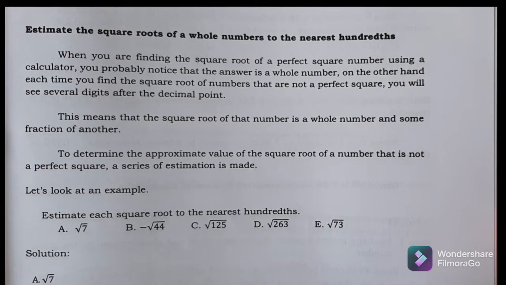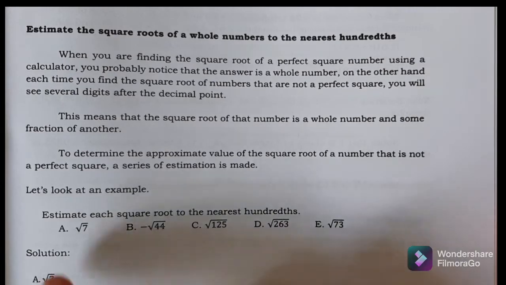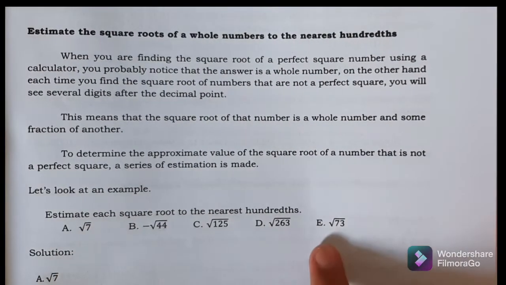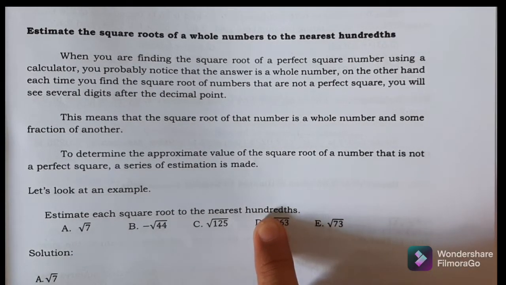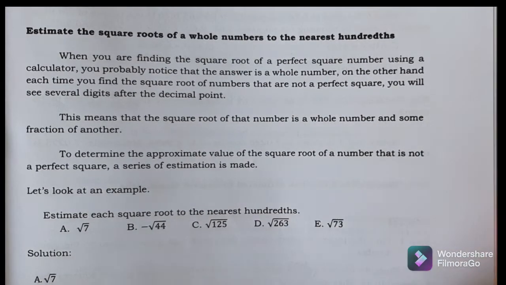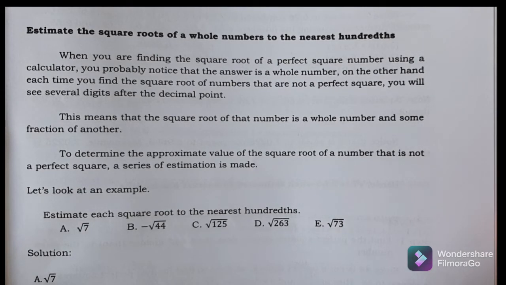Now, let us try to estimate the square roots of whole numbers to the nearest hundredths. We have 5 examples where we're going to estimate each square root to the nearest hundredths. Nearest hundredths means 2 decimal places. Before that, when you find the square root of a perfect square number using a calculator, we probably notice that the answer is a whole number.